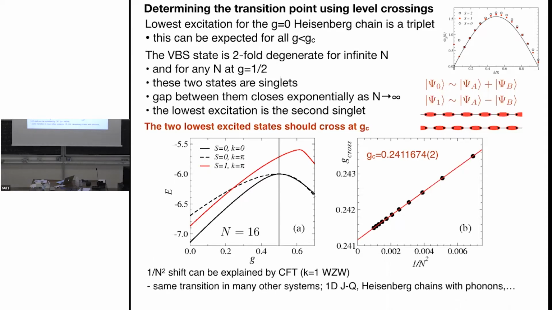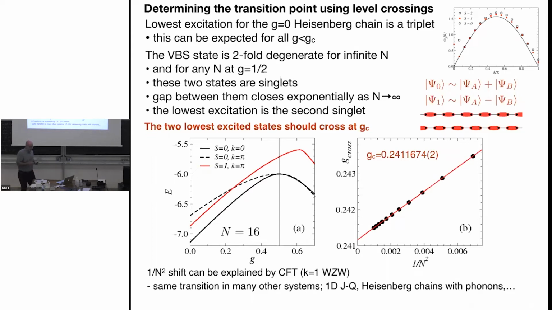So that's quite remarkable. So even though this marginal operator is responsible and causes this rather weak ordering close to the transition in the order parameters, these excited states have a behavior that can be exploited very nicely.